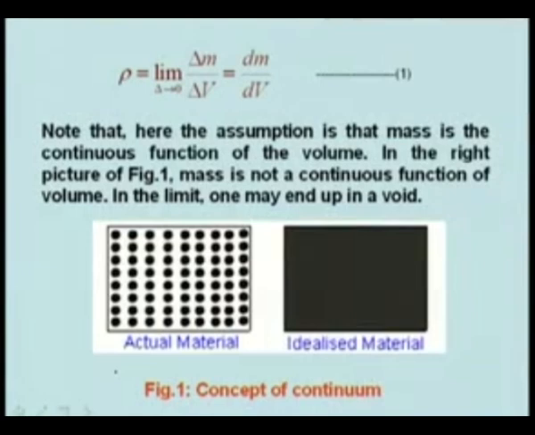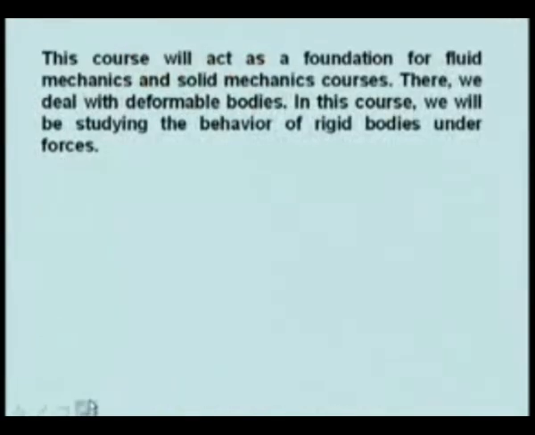That is why we could take the limit. If we consider the actual material, then in the limit we may end up in a void. So in solving day to day problems by engineering mechanics, we usually apply the continuum assumption.